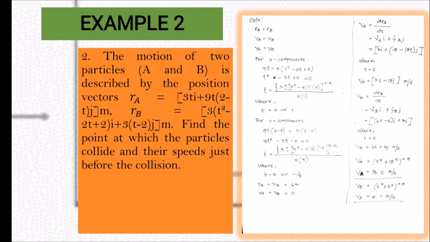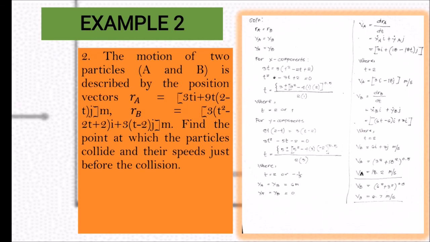Then, we will use the formula of rectangular components of position. The r is equal to x squared plus y squared plus z squared raised to 0.5. Then, para makuha natin ang value ng v sub A and v sub B. So, for v sub A, we have 3 squared plus 18 squared raised to 0.5 is equal to 18.2 meter per second.